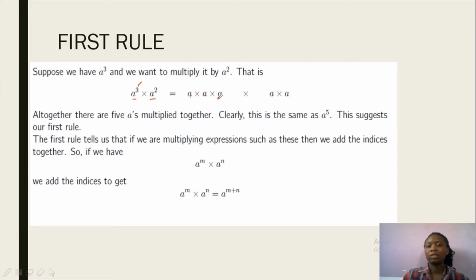So a raised to the power 3 means we are multiplying a 3 times, and a raised to the power 2 means we are multiplying a twice, so we have a times a to give us a squared. So this is a cubed.